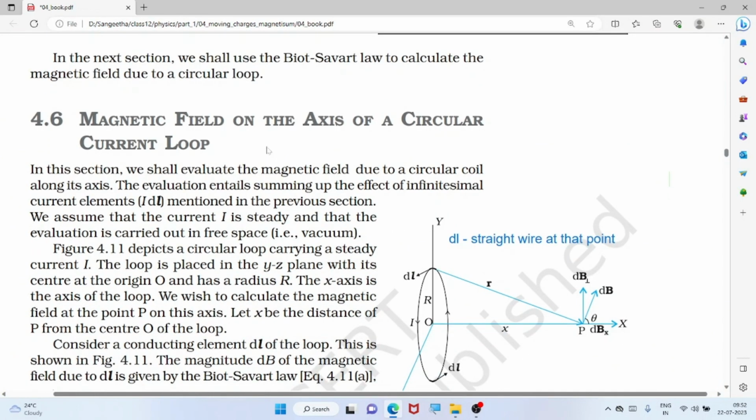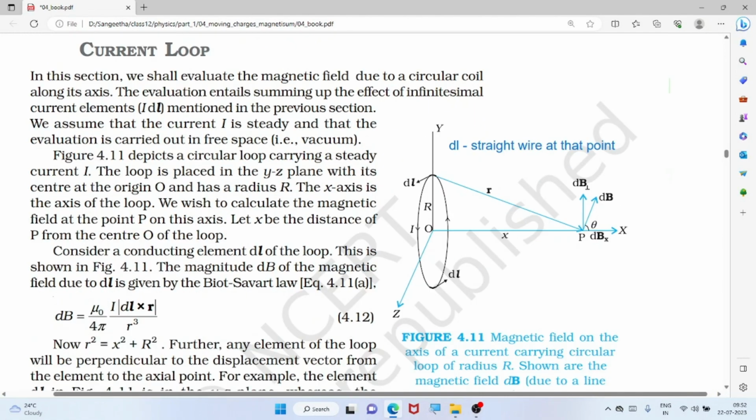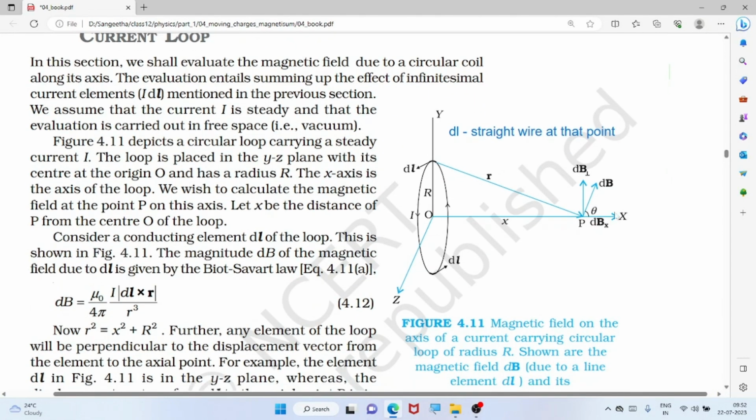This is the magnetic field due to the small element dl, in a circular current loop, at this point. For a smaller section of this you can consider it a straight wire.